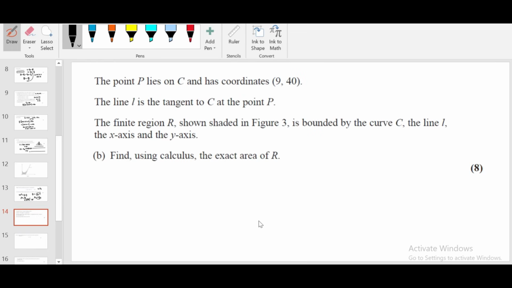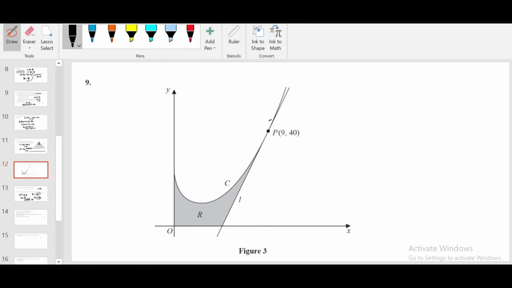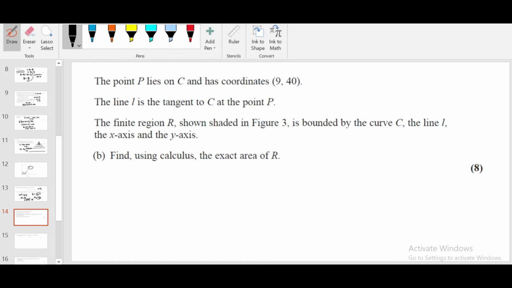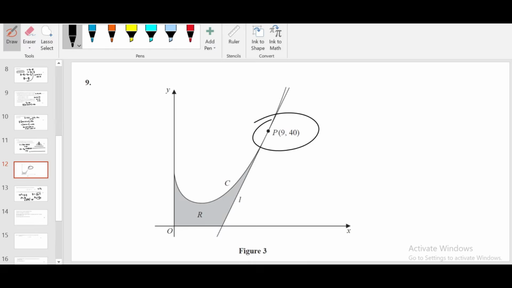Part B says the point P lies on C and has coordinates (9, 40). Apparently you can see point P is (9, 40). And the line L is tangent to C at point P. The finite region R, shown shaded, is bounded by the curve, the x-axis and the y-axis. As you can see, they are talking about this region.